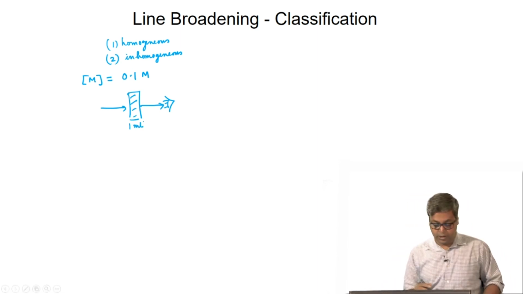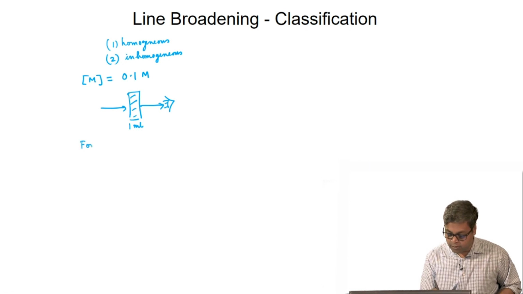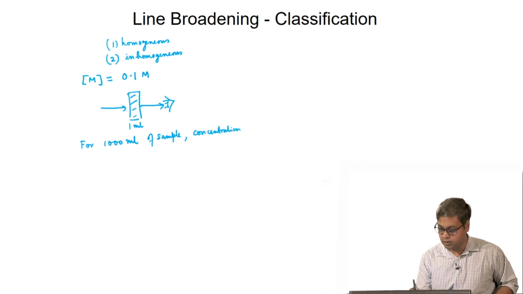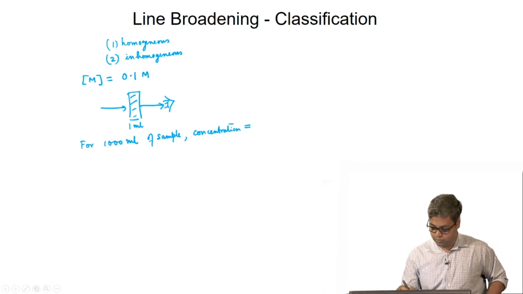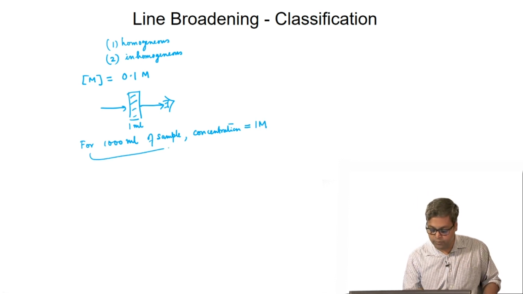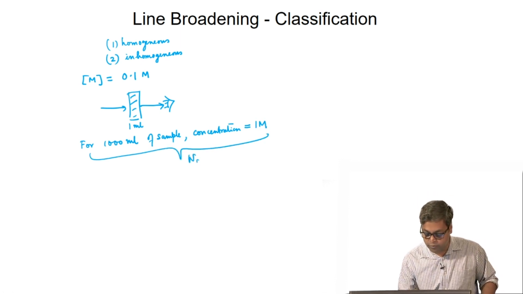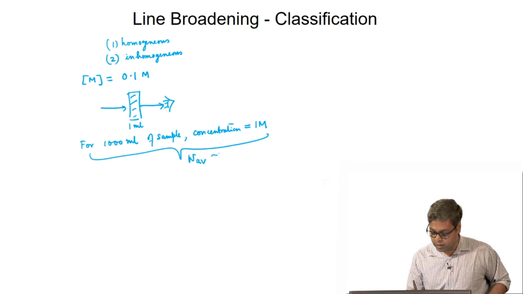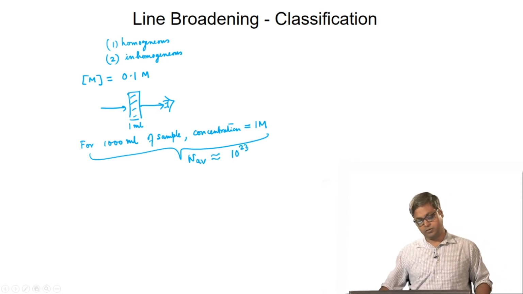We know that for 1000 milliliter of sample with concentration equal to 1 molar, we have Avogadro number of molecules, which is approximately equal to 10 to the power 23 molecules.